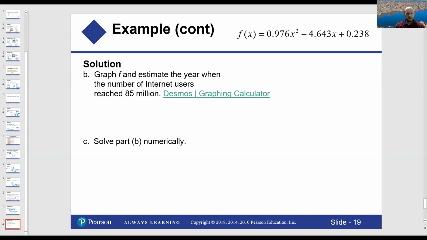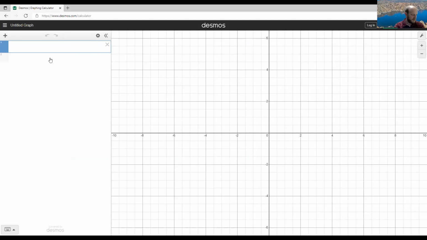I'm going to go into Desmos. Okay, and let's just graph this. Hopefully you can see. It said my screen sharing is paused. I'm going to share Desmos. So I'm on Desmos now. So I have 0.976x squared.